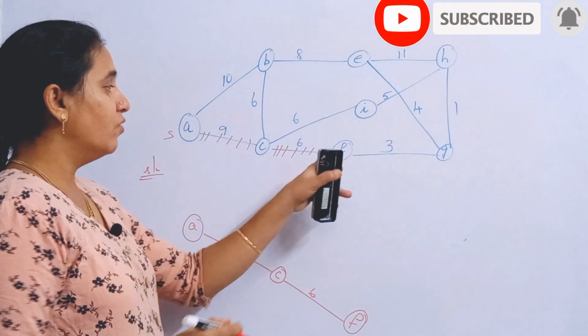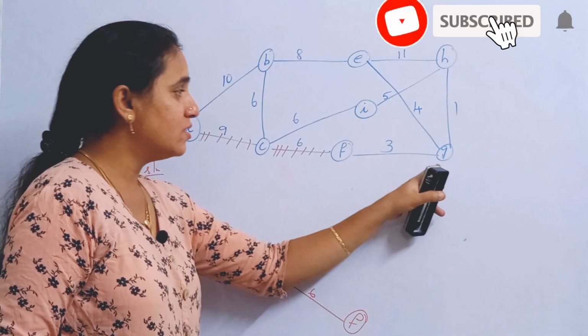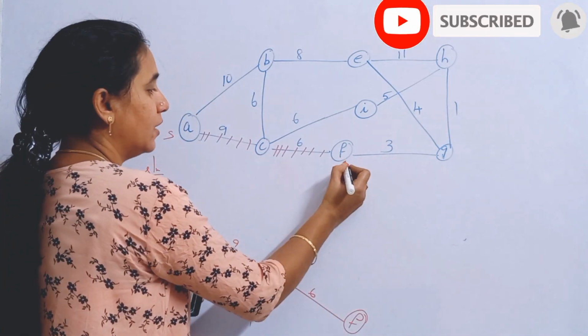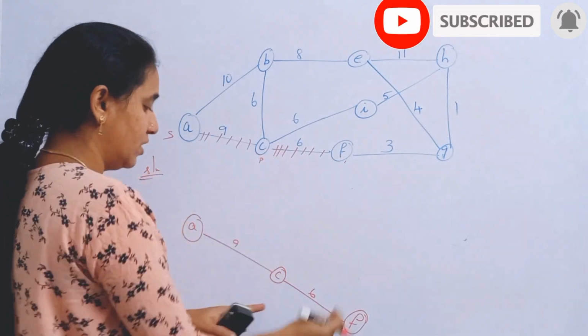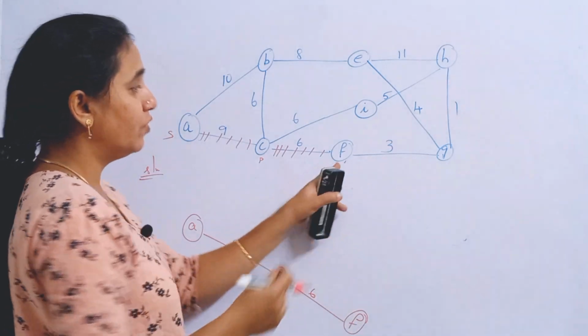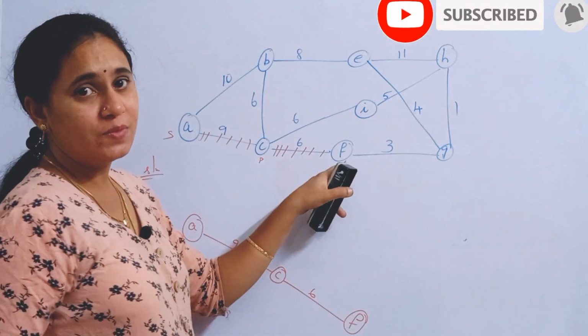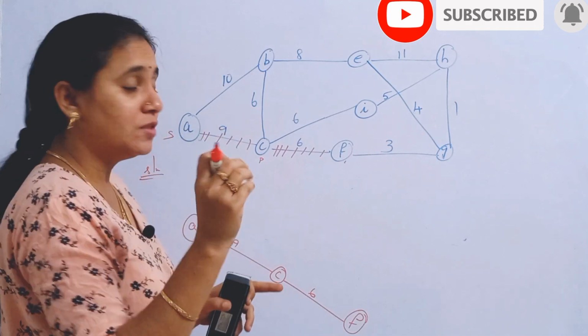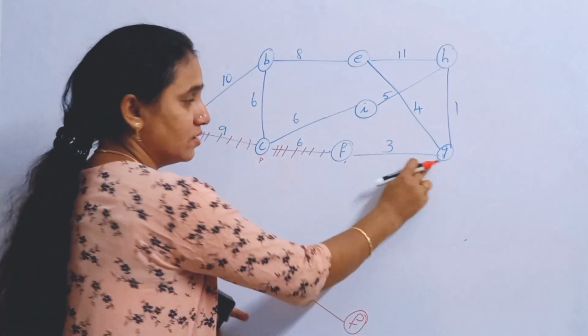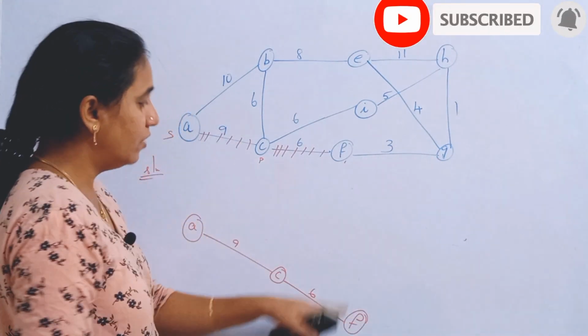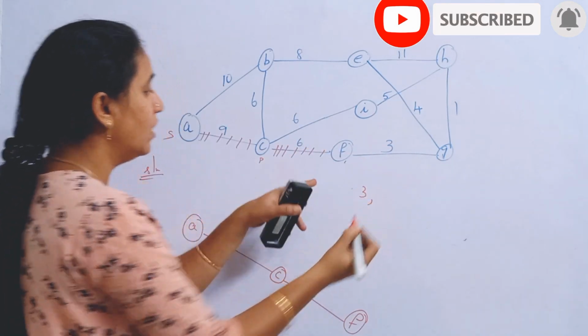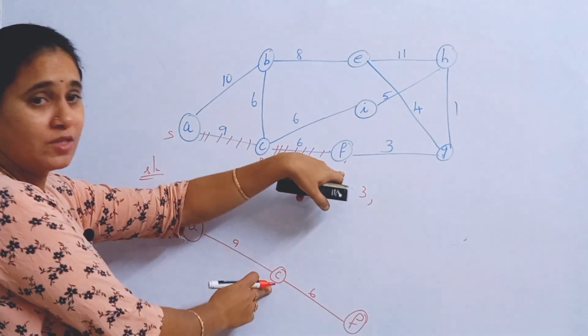So now from F, what are all the edges that are adjacent? So this is my current vertex and this is my previous vertex, right? So for F, this is adjacent, that is 3. And for F, what is the previous vertex?